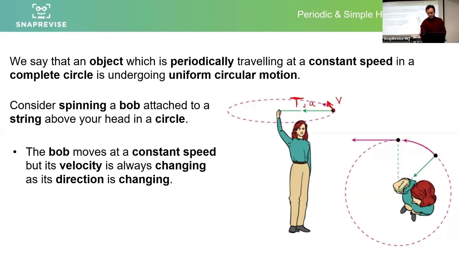So at one moment, it's got a velocity that's pointing in this direction. Let's call that v1. And then at the next moment, it's pointing this direction, v2. Velocity is a vector. And so you might well ask, how did we get from v1 to v2?